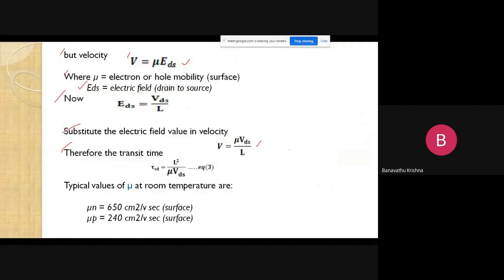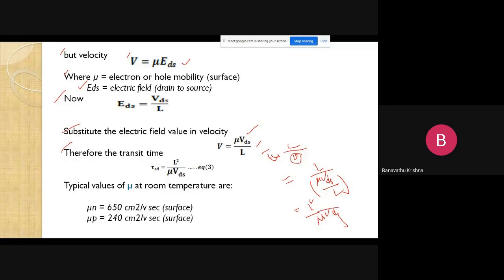So let us see here. Tau SD equals L by V. We know V is this value, so substituting it, we get L divided by mu VDS by L, which gives L square by mu VDS.